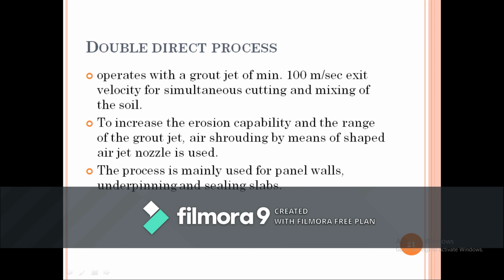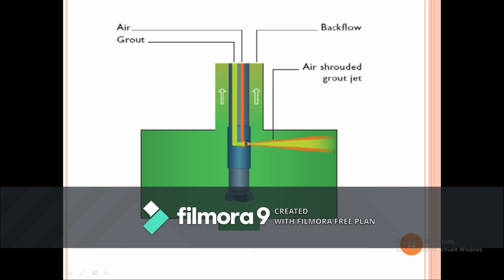So we have a diagram along with this. We'll just see this diagram. The velocity of the grout is going to be one and the same. The only thing is, to increase the erosion capability, you are going to increase the range by sending some jet air through the nozzle. See the figure of the double jet process: we have two pipes, two nozzles we can say, wherein one is for air, the other one is for grout.